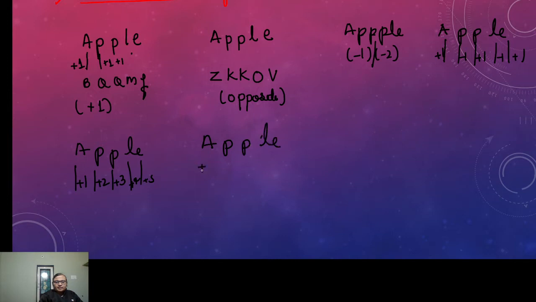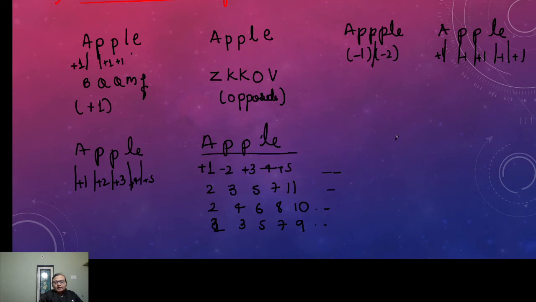They can add +1, -2, +3, -4, +5. They can be only prime numbers also, 2, 3, 5, 7, 11. Only even numbers, 2, 4, 6, 8, 10. Only odd numbers, 1, 3, 5, 7, 9, so on. So these many possibilities you can remember so that you can apply.